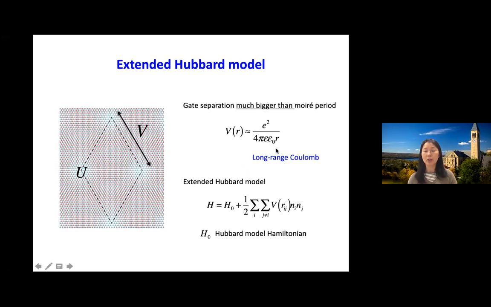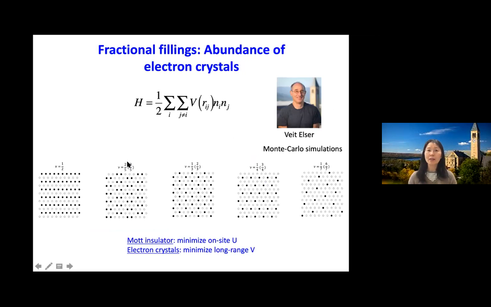But now if you include the long range, they should also try to expel neighbors. And this is what my colleague Veit Elser has predicted or simulated using the Monte Carlo method.